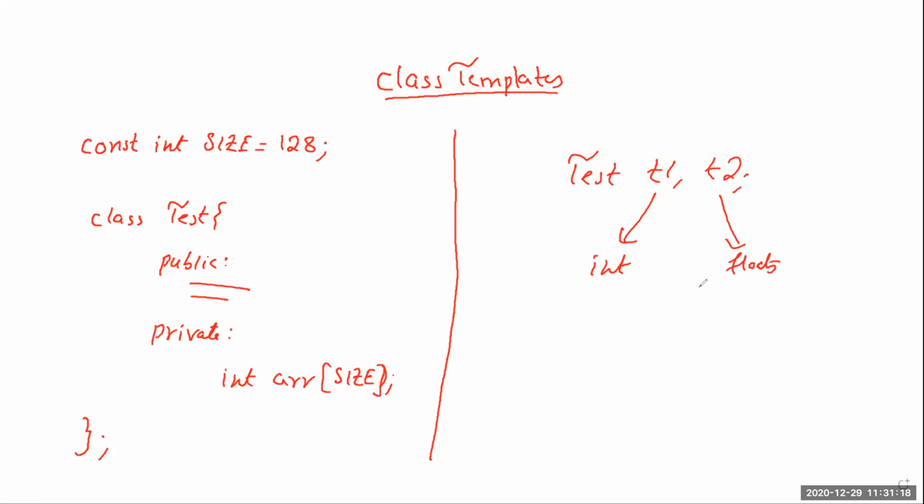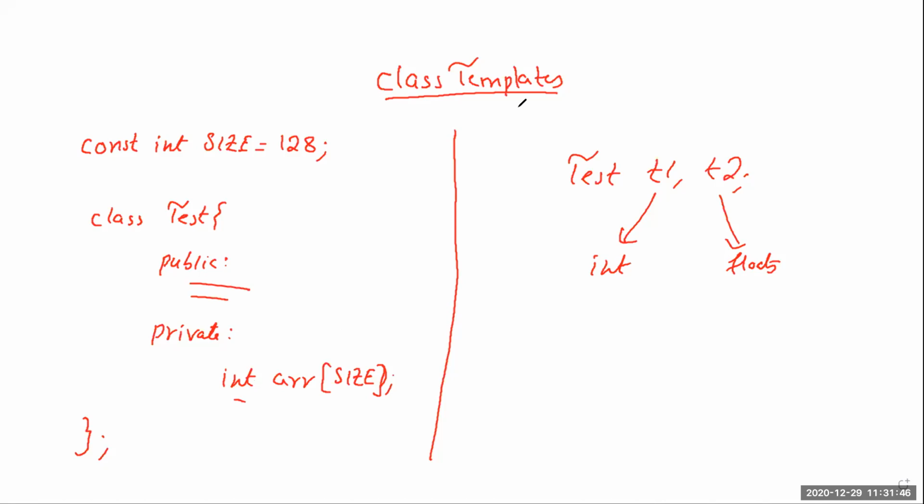If I'm doing it without templates, I will have to make two different classes. In one class I will have int here, in another class I will have float here, but everything else would be exactly the same, because the functionality of the class would be the same. So it is not a very smart idea to make two classes in which everything is exactly the same, only one data type or a couple of data types are different. So this is where we'll be introducing templates.